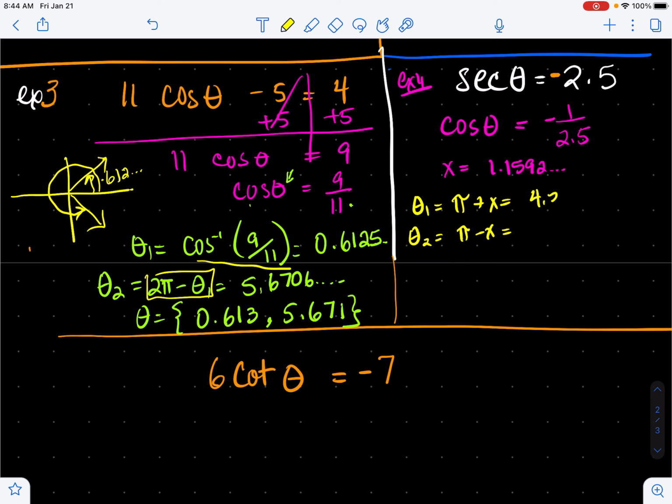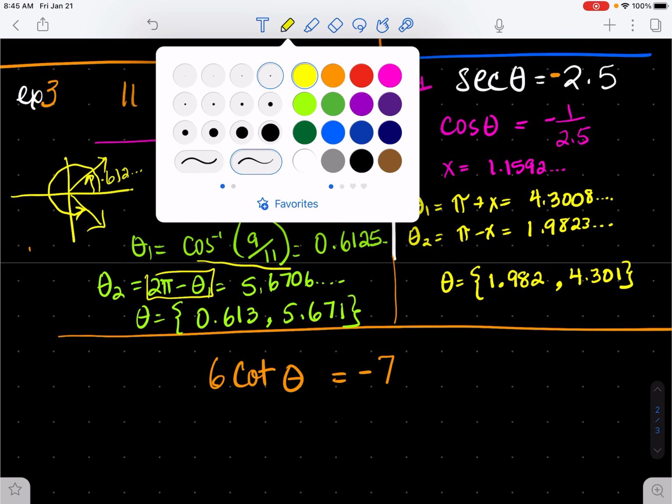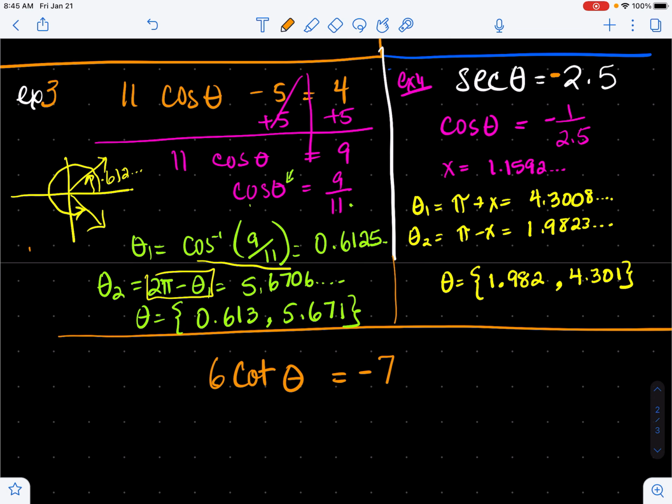Plus x gives me 4.3008, and so on. Minus the x value gives me 1.9823, all that. So we found both of them, but again, write the smaller one first. 1.982 rounded to thousandths, and 4.301 rounded to thousandths. Those are the two theta values.